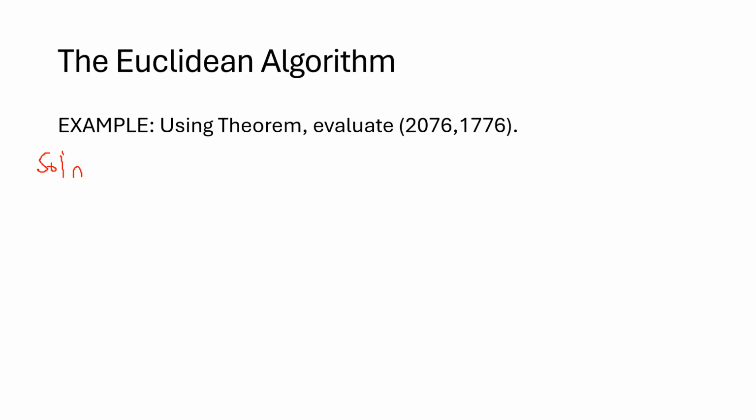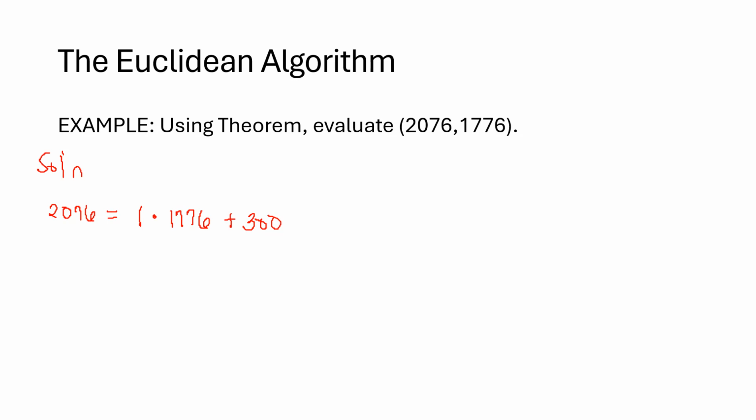So we have 2076 is equal to 1 times 1776 plus 300. Then, applying the division algorithm with 1776 as the dividend and 300 as the divisor.